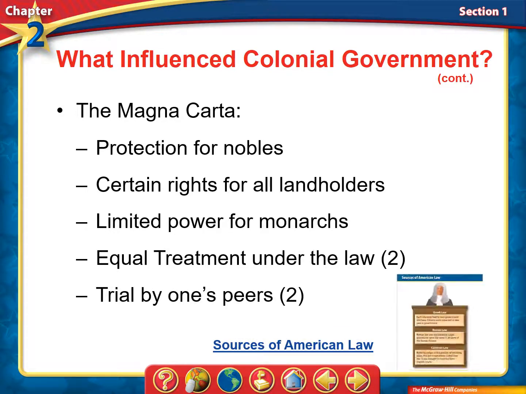And that's where we get the idea that if you get in trouble, you have the right to tell your side of the story formally in a court, and for that side of your story to be heard by your peers of your choosing.